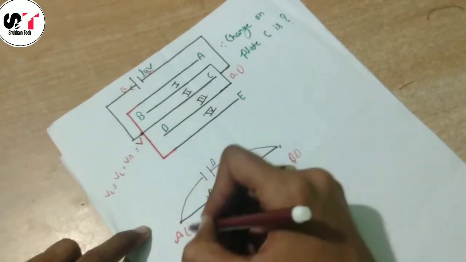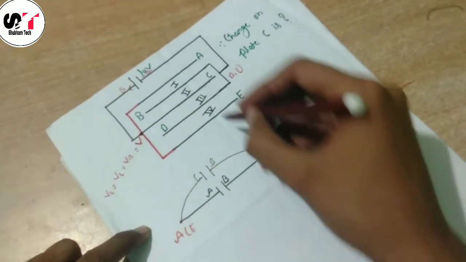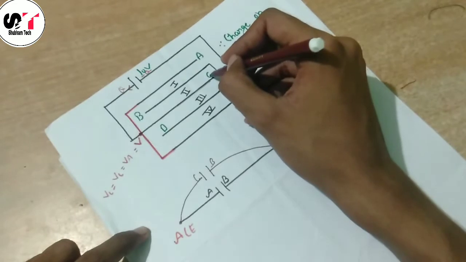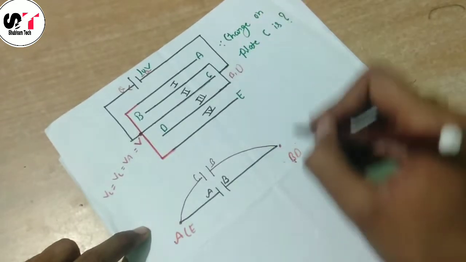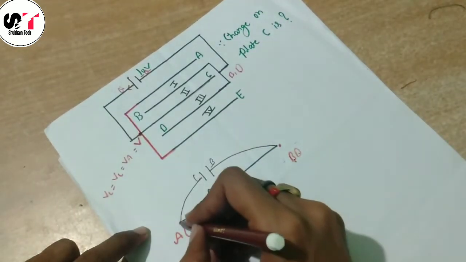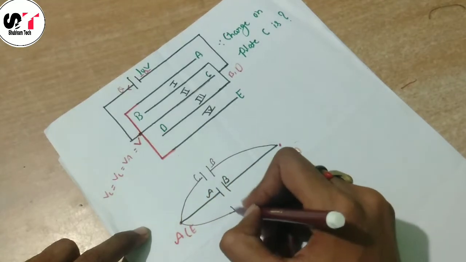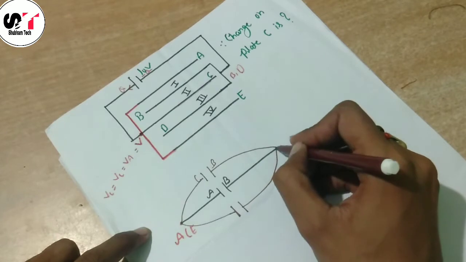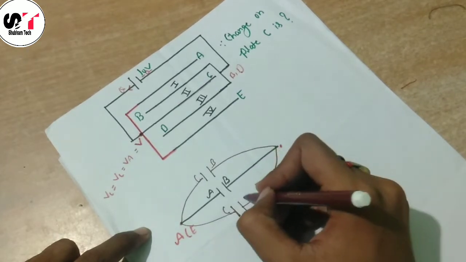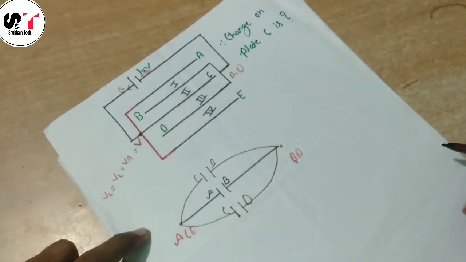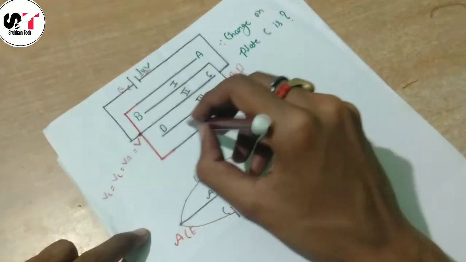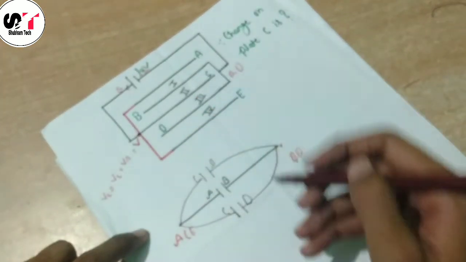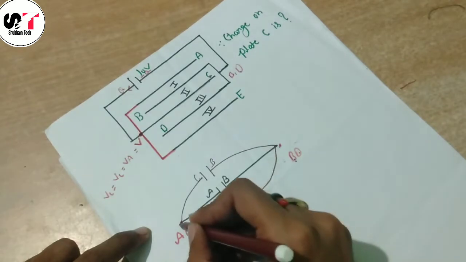Now another capacitor is formed between C and D. C is here, D is here. Now another capacitor is formed between D and E. D is here, E is here.